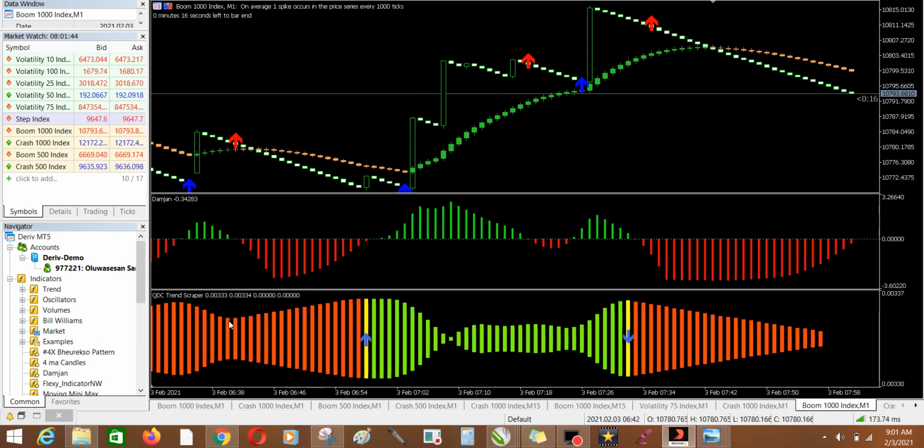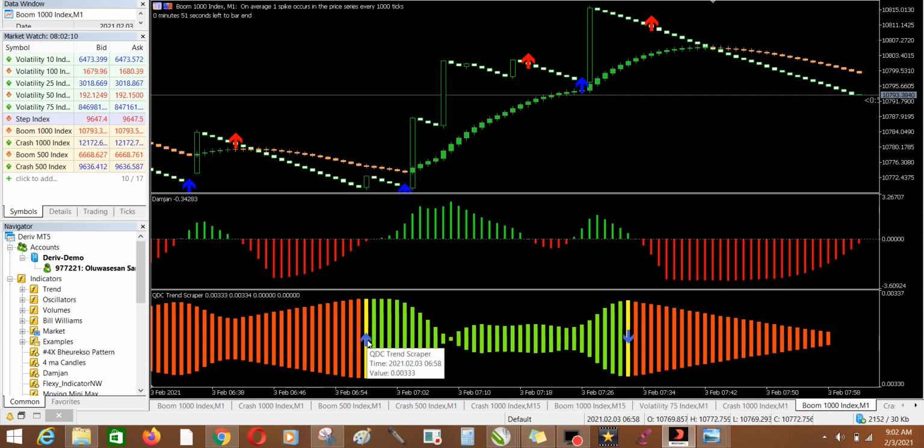So the third aspect, the second window indicator, is where we have the QDC trend scraper indicator. This is an amazing trend indicator. It helps you to know the exact trend of the market. You can see these arrows.